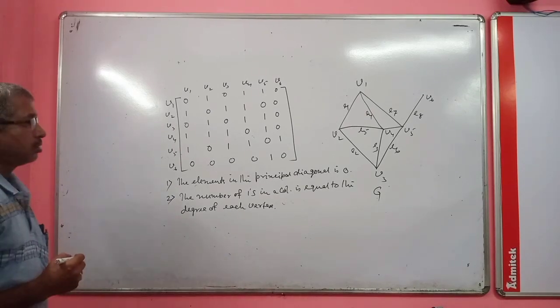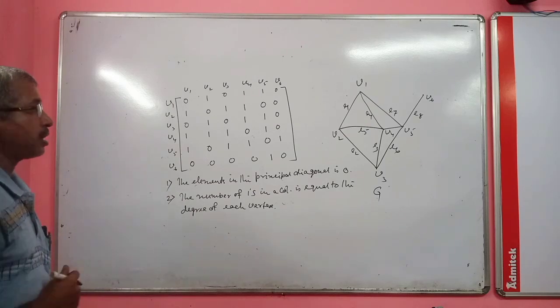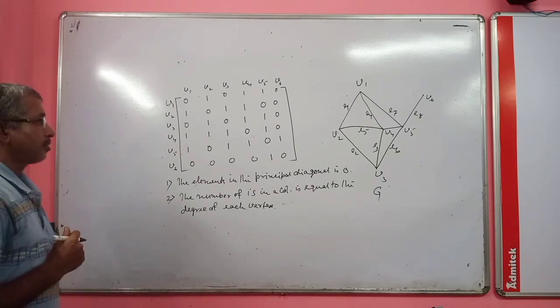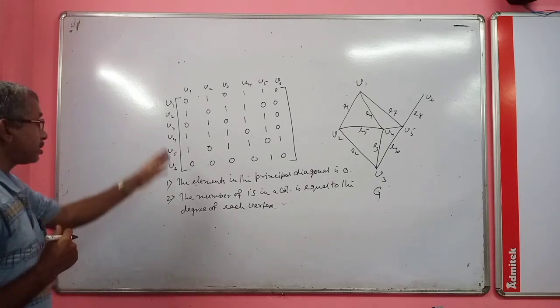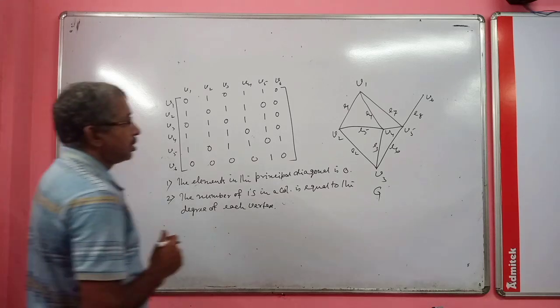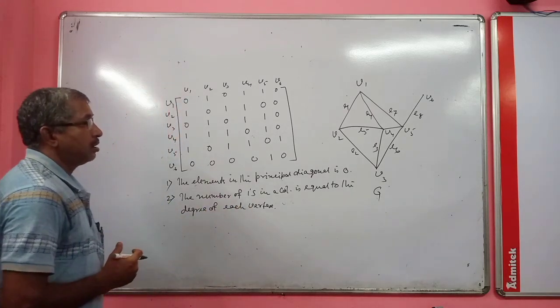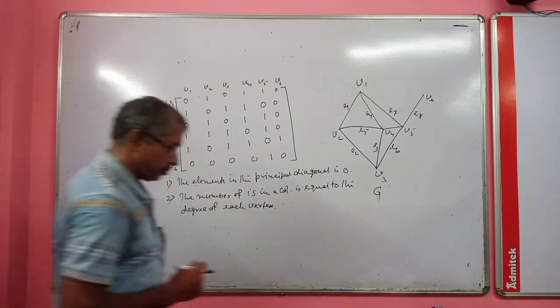So, if there exists an isolated vertex, how many ones can we get in a column? 0, because the vertex is isolated, so there is no connection with any other vertices.